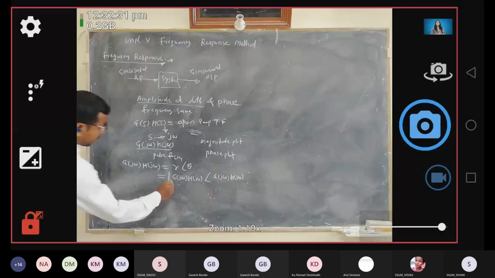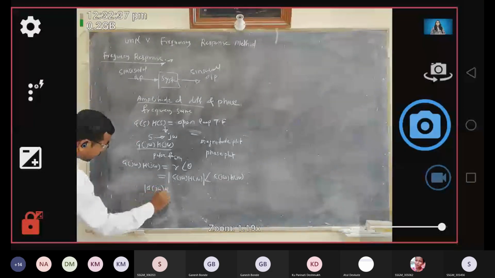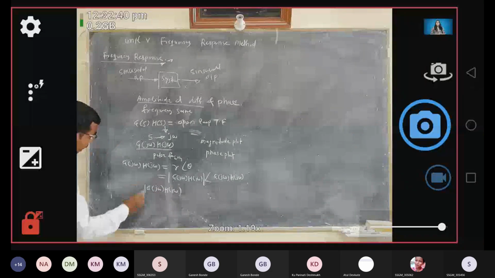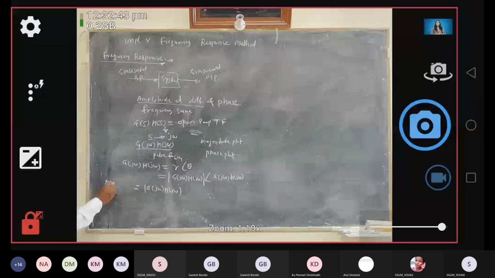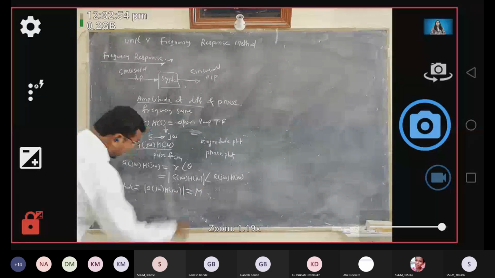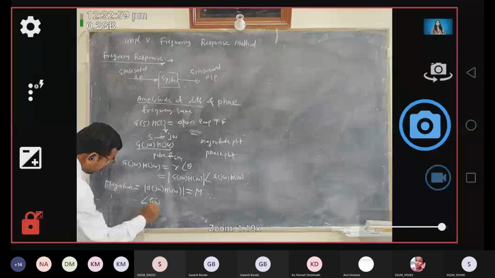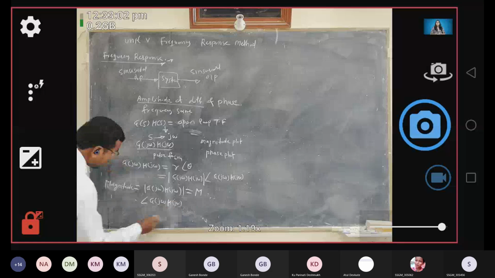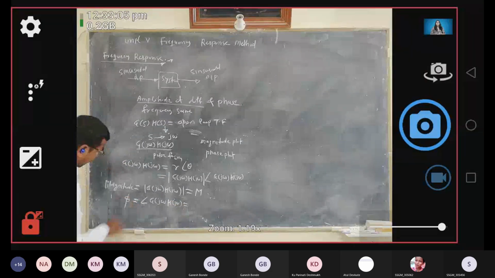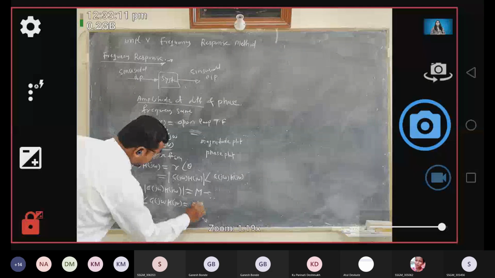Here the magnitude of G(j omega)H(j omega) is sometimes denoted by capital M, and the angle of G(j omega)H(j omega) is represented by the phase angle phi.